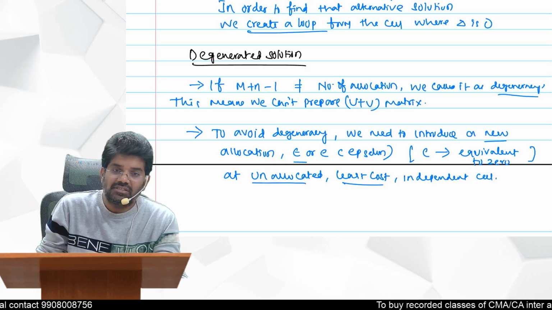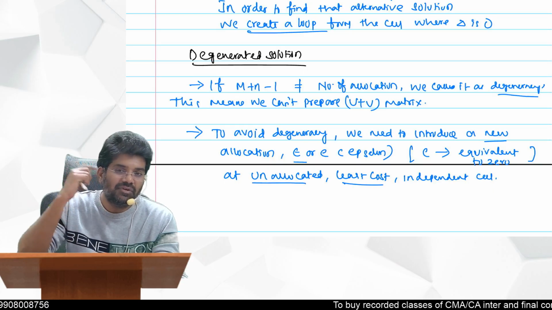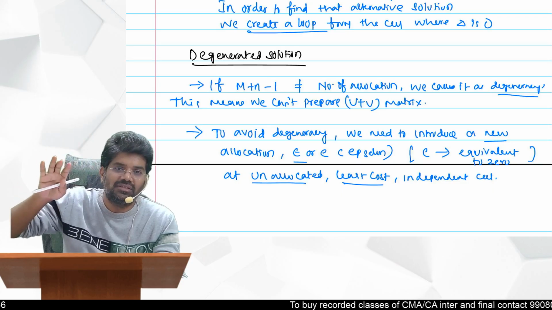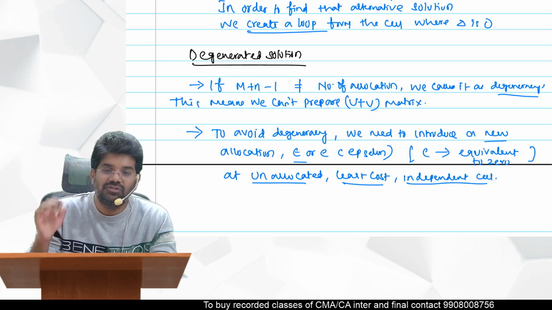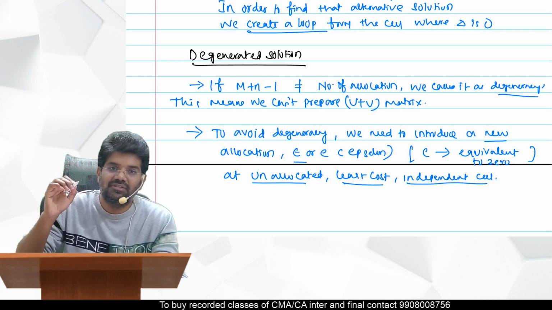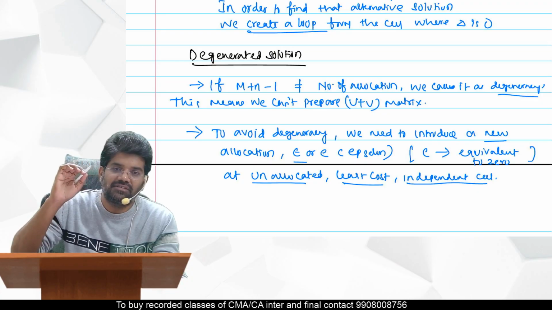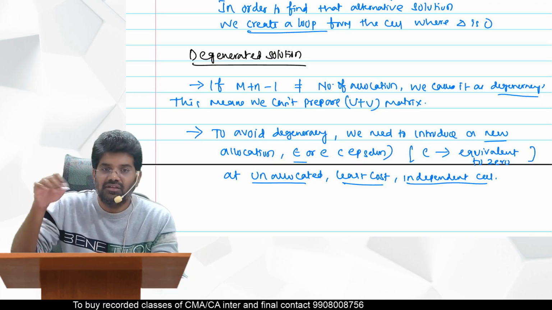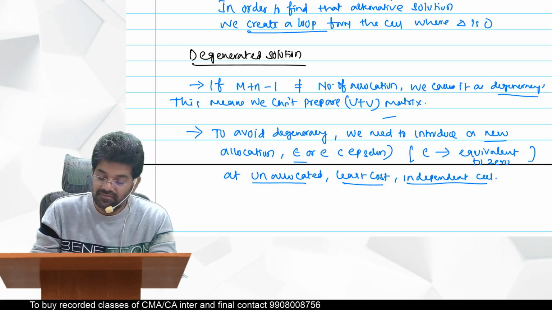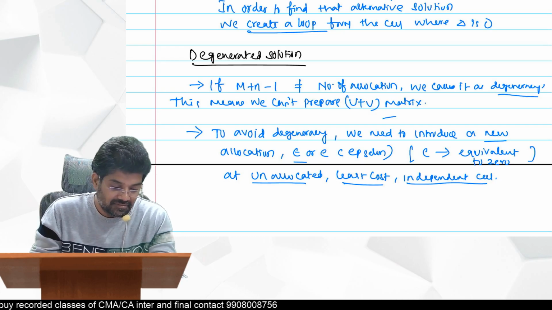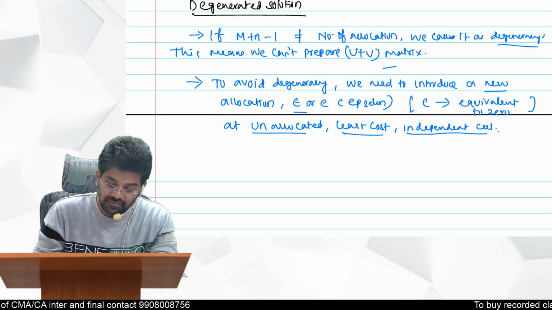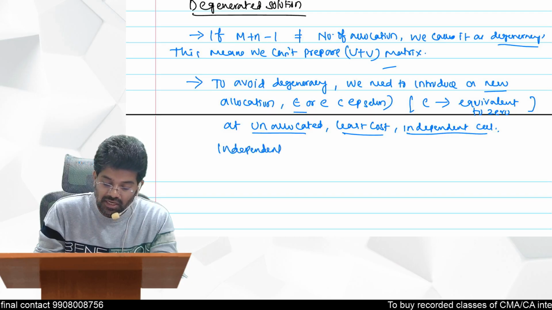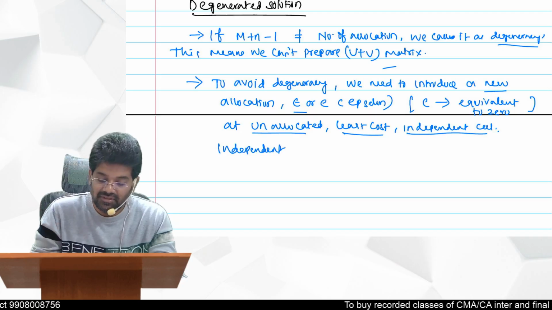Least cost, independent cell. Independent means from there you cannot form any loop. So there you put the E value, do allocation. Then this condition will be satisfied. So what is an independent cell? How much you should allocate there: E value.